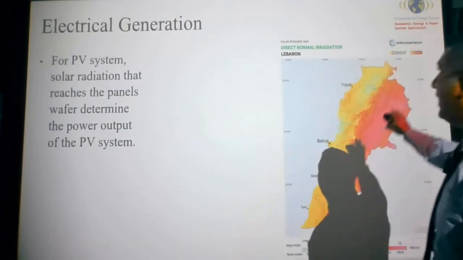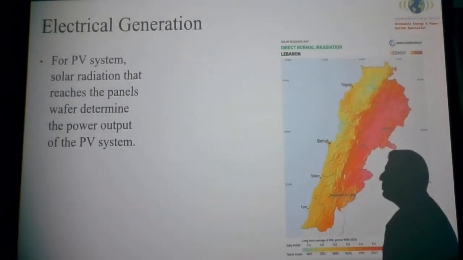And that's supported by Solar Atlas and Solar GIS.